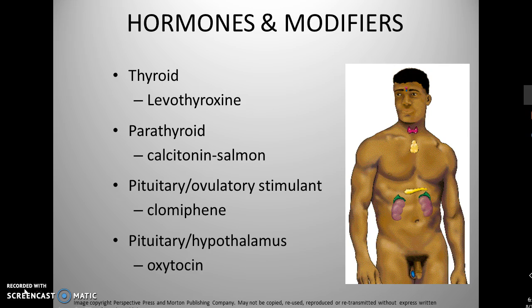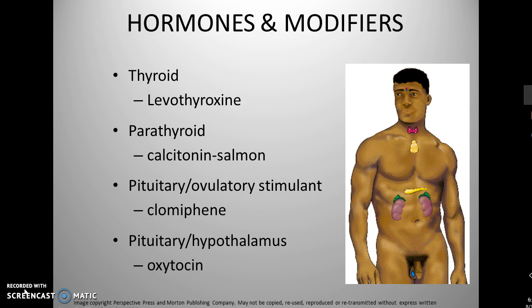If individuals are not producing the proper T3, calcitonin is released from the parathyroid. If that's not happening, we can give calcitonin salmon, which helps regulate calcium levels in the blood. If the person is not ovulating in females, which is coming from the ovaries, you have a potential ovulatory stimulant called clomiphene.